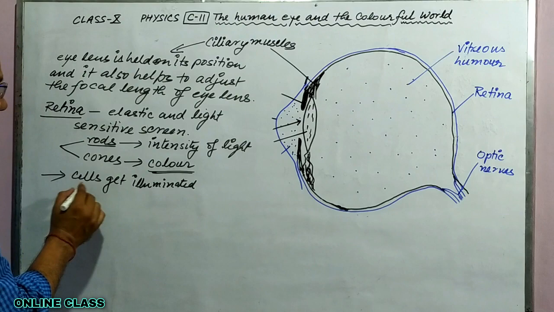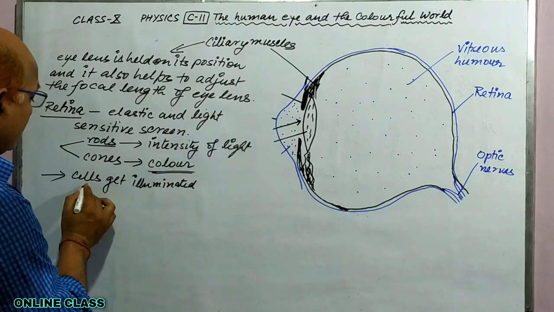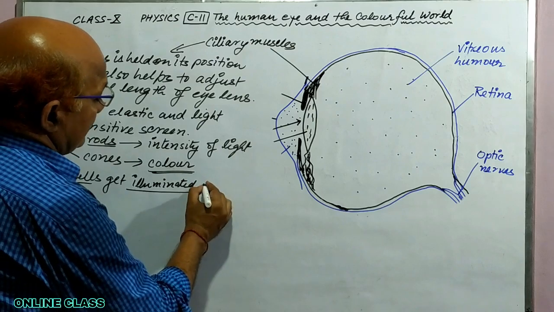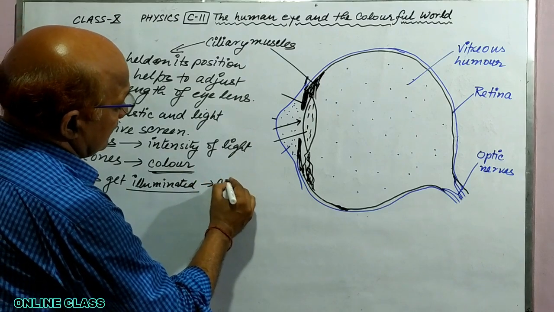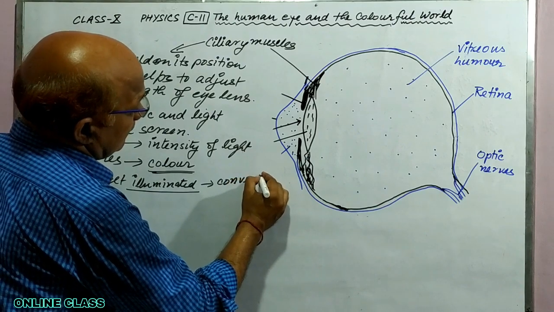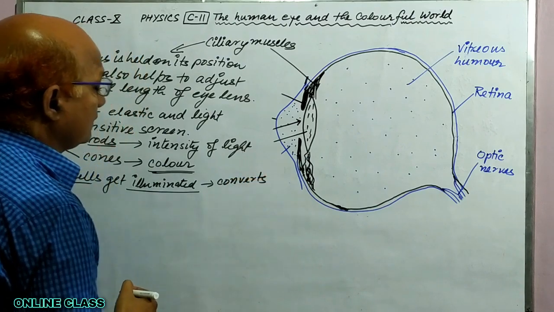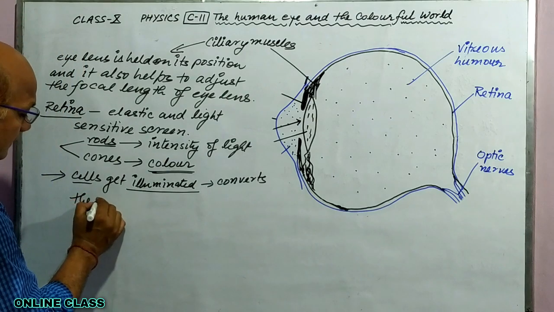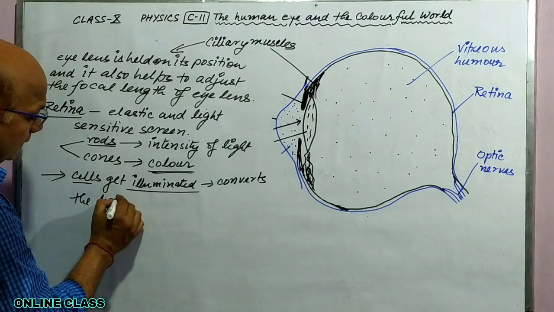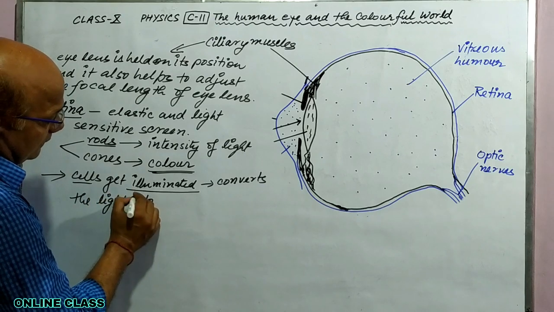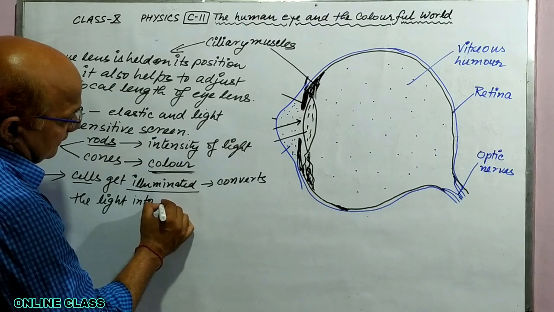When light falls on retina, these cells get illuminated and convert the light into electrical signal.